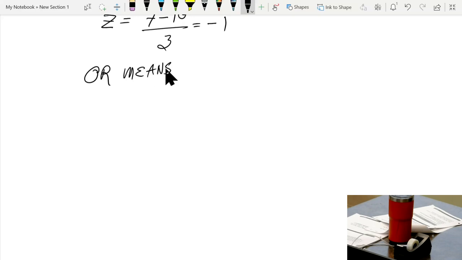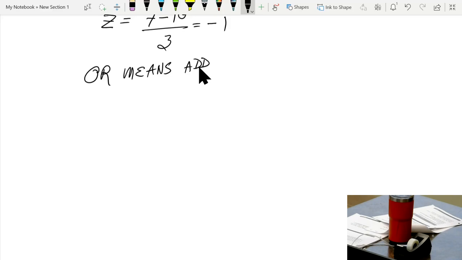Or means add. All right. What's the chance of getting a heads on a coin or getting a 4 out of a deck of cards?